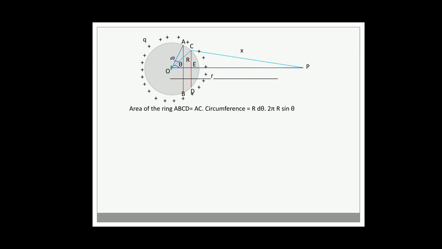Now the area of the ring ABCD is equal to AC into the circumference. We know AC is equal to R d theta and the circumference is 2 pi R sine theta. So the area is equal to 2 pi R square sine theta d theta. That is the area of the ring.